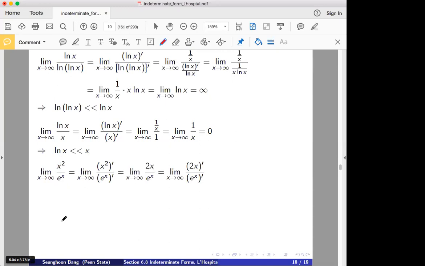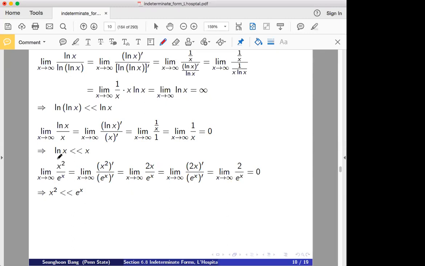You can use L'Hopital's rule again because it is infinity over infinity form. The derivative of 2x is 2, and the derivative of e to the x is e to the x. You plug infinity in here, 2 over infinity is 0. What does it mean? The bottom one is growing faster than the top one, right? So we can use this kind of method.